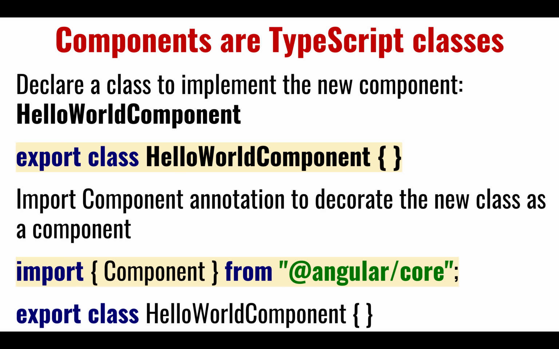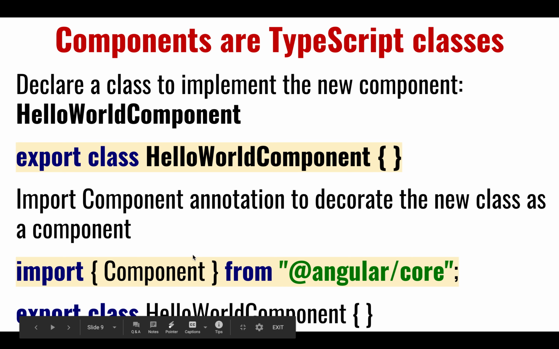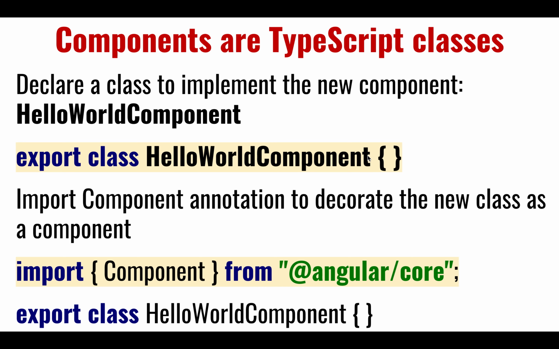You don't have to explicitly say that. Export class already puts you in the default package. You can also import other things. So we're going to do export class hello world component, and we're going to import component very much like we do with React, where we can import React and then import the component.